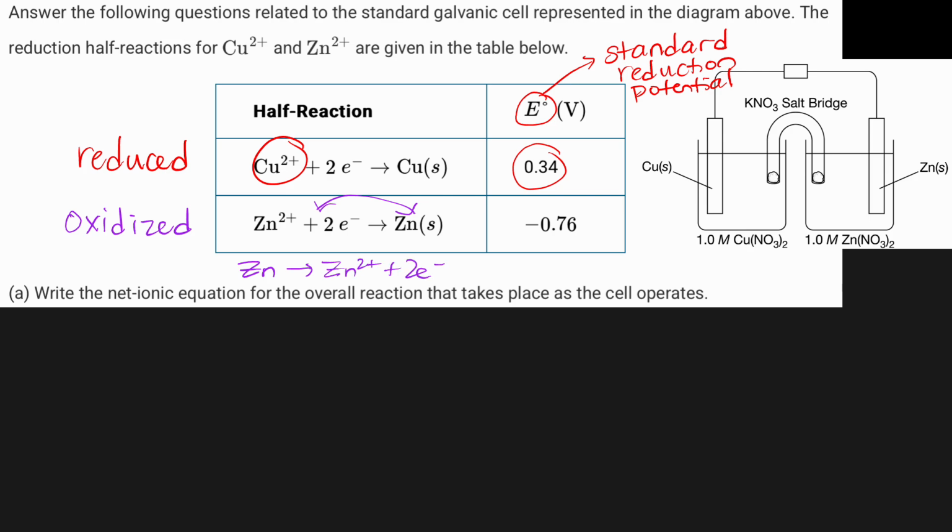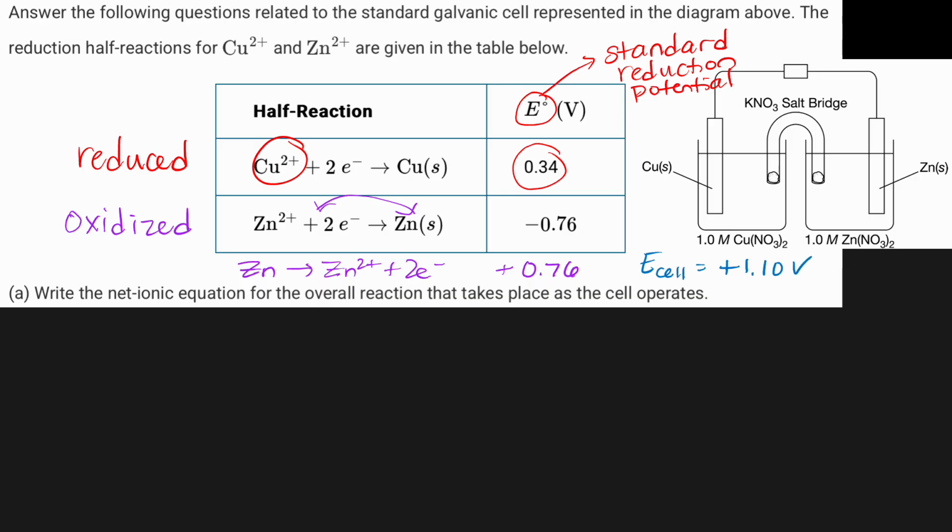And that would change this standard reduction potential to positive 0.76. So then, just a little side note, if you ever had to get the overall standard reduction potential for the entire cell, then you would just add those two values and you would get positive 1.10 volts.